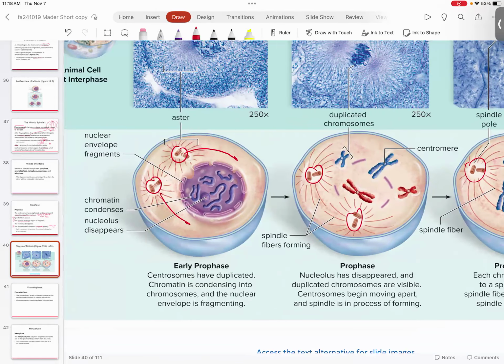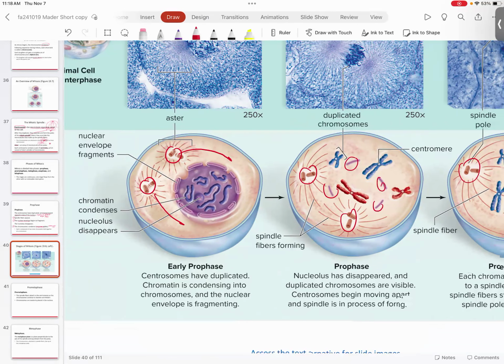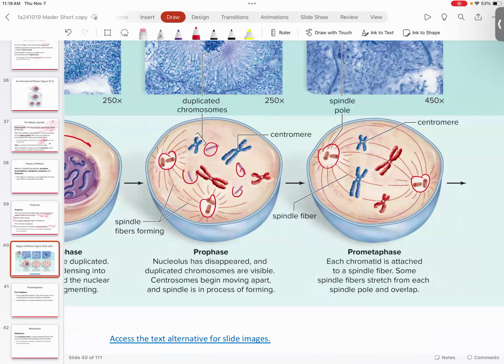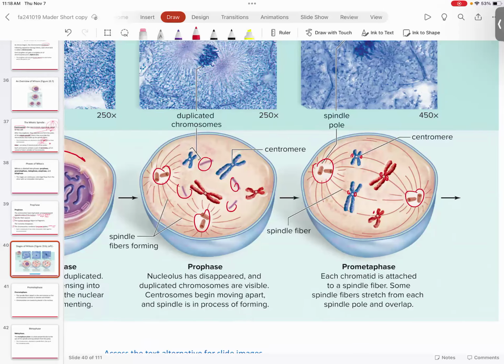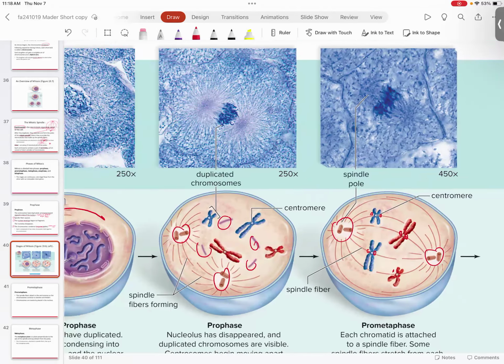Early on, you'll notice the nuclear envelope is disappearing. Then the spindle is going to attach to the centromeres of each of the chromosomes on either side, so that you have one pole attached to one side and the other pole attached to the other.